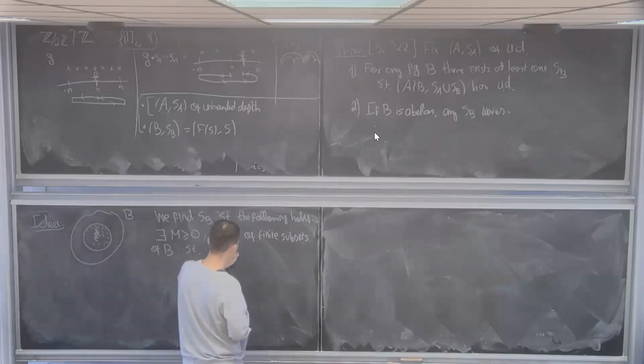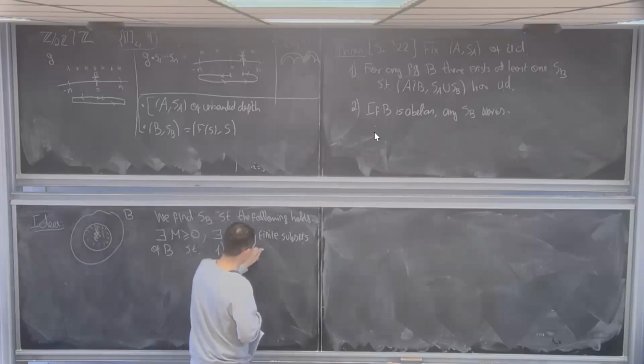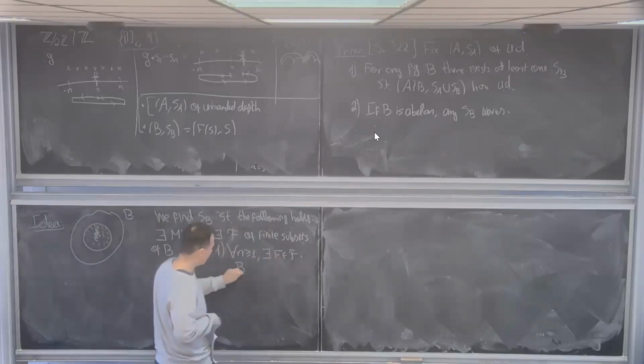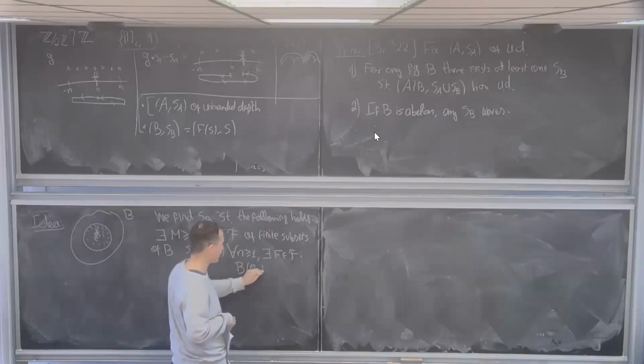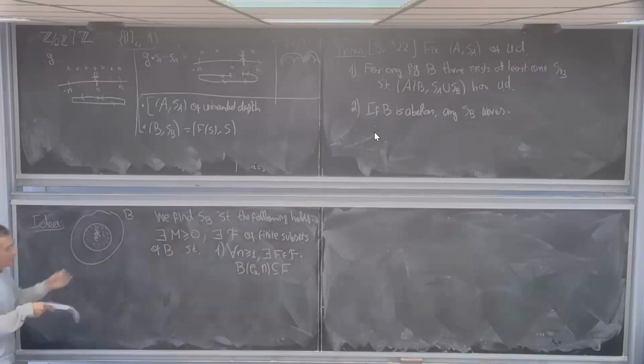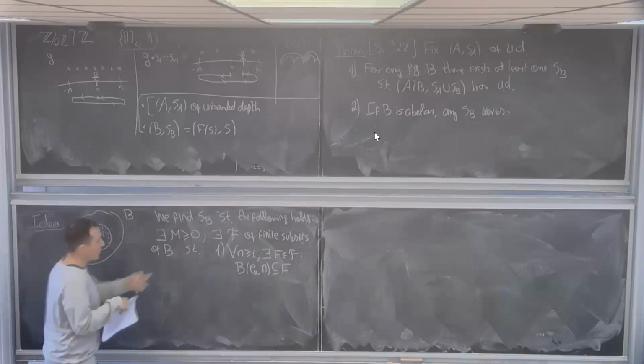So for any positive integer n, there exists an element in F such that the ball centered at the identity and of radius n is contained in it. So there are sets that are balls, but maybe a bit larger or with other elements. And why would I want that?